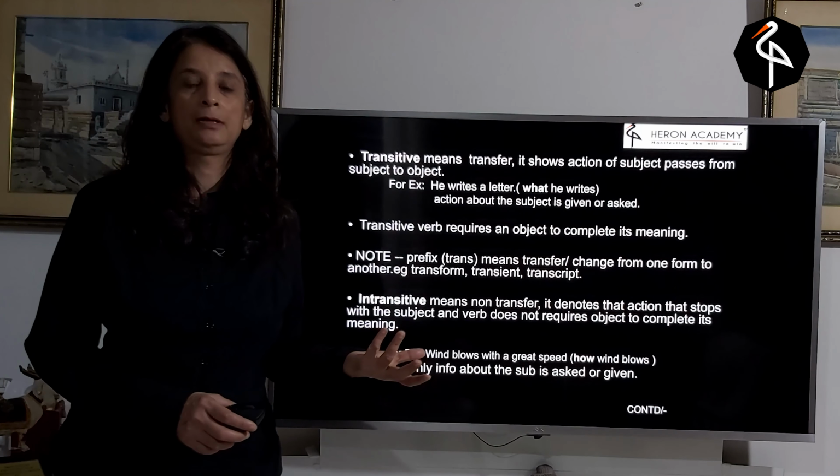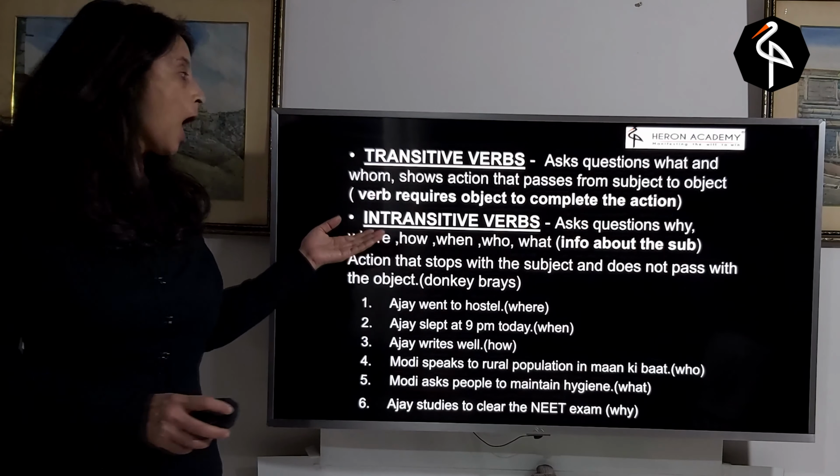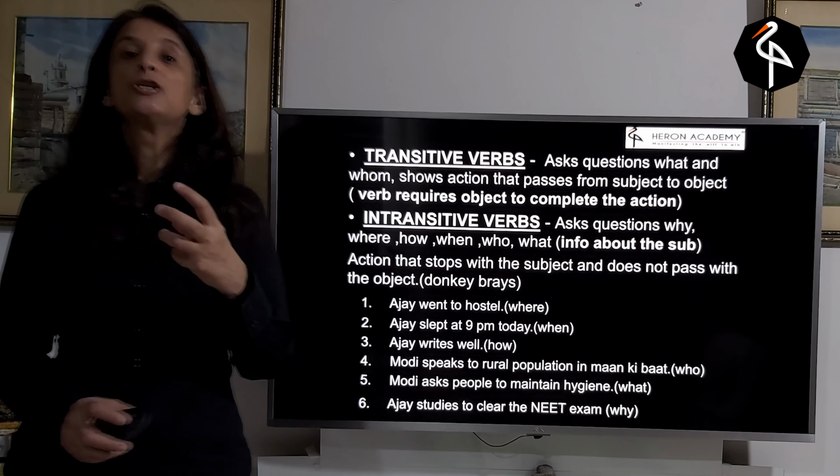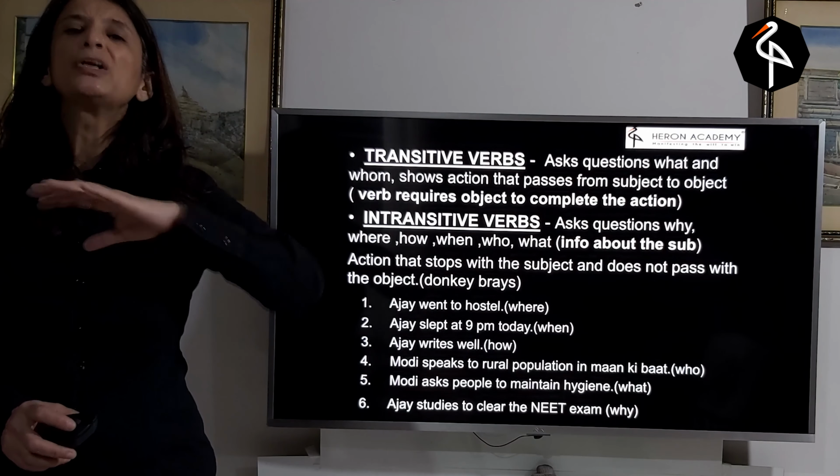So who is that person? It is done by whom. When you are addressing whom this job will be done or by whom, then you will use transitive verbs, and the verb requires an object to complete the action. An intransitive verb asks the questions where, how, who, what, meaning it is talking only about information about the subject.